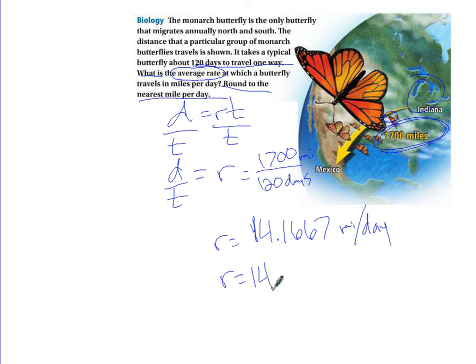R equals 14 miles per day. That little butterfly flies 14 miles a day. A little butterfly. How would you like to walk 14 miles a day? Yeah, now that's a butterfly moving 14 miles a day. It's pretty cool. Nature's an interesting thing, especially when you start looking at the math behind nature.